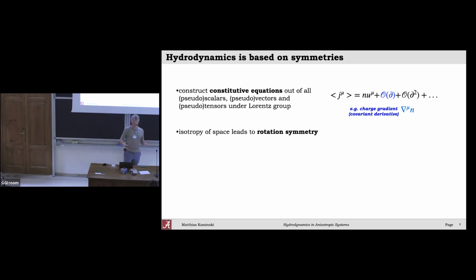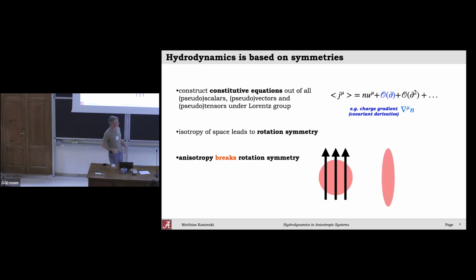Isotropy of space leads to a rotation symmetry, but if I break that isotropy by some anisotropy, for example some sort of external vector field, or maybe by the state itself being anisotropic, like the cigar shape that we imagine when we talk about the first fermi in heavy ion collisions, then we have a breaking of that rotation invariance, and therefore we will be able to write down new Lorentz vectors, which would, for example, point along this vector field.